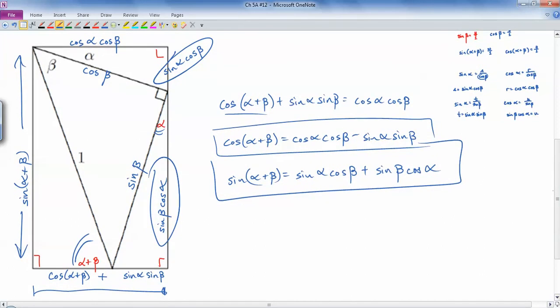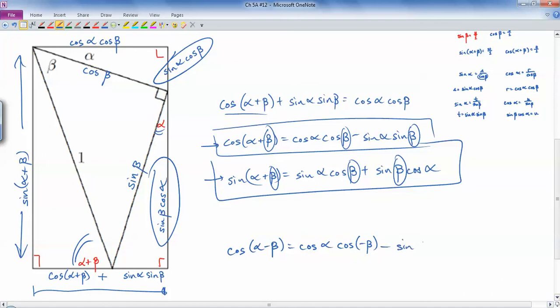It turns out in the next problem, one of the things you do is take these two and switch out the betas for negative betas. All the betas become negative betas. So let me first replace them all with negative betas.